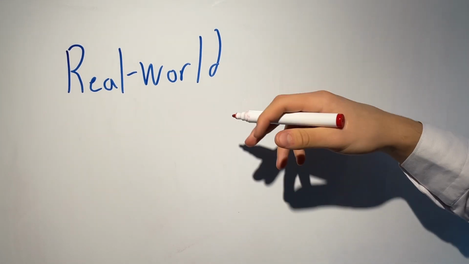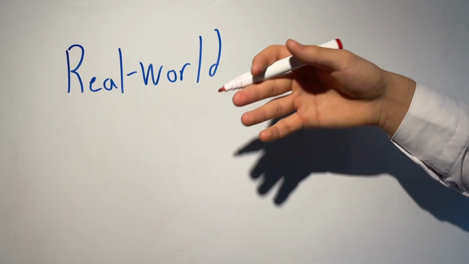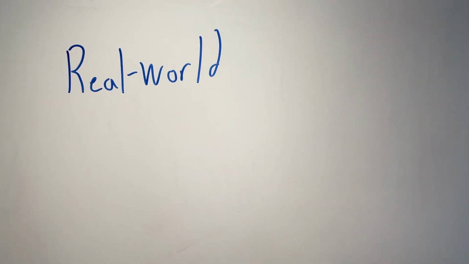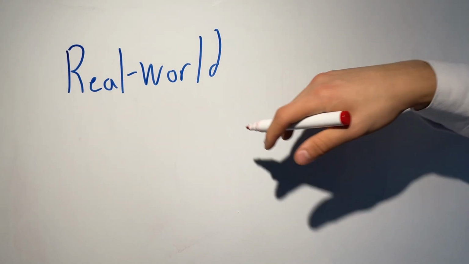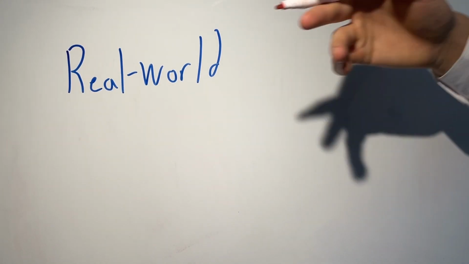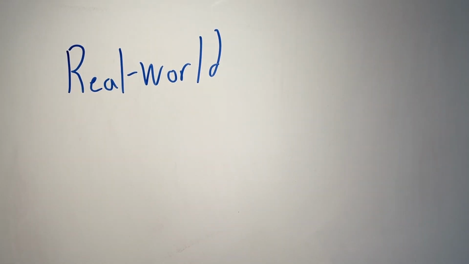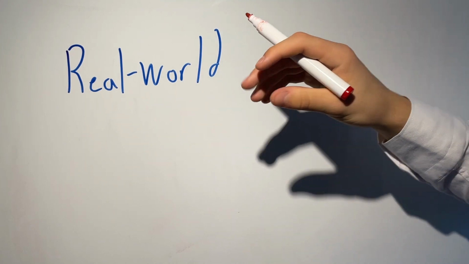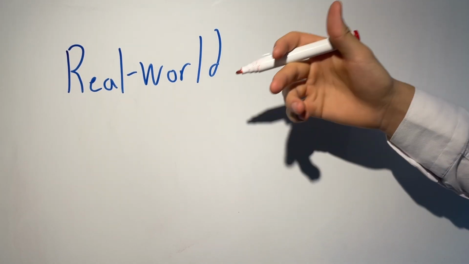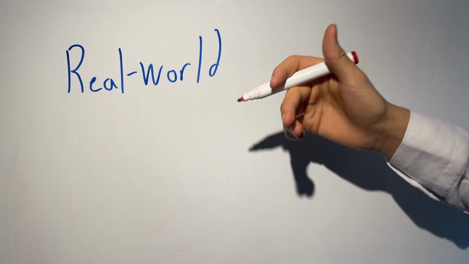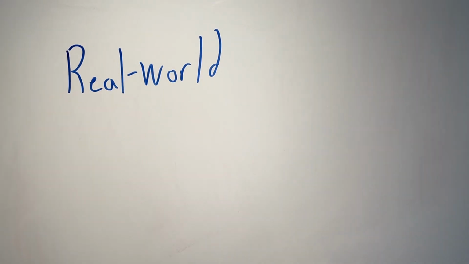Now method 3, or actually it's just a real world example. So this actually won't prove anything, but I just want to show you how it applies to our real world.